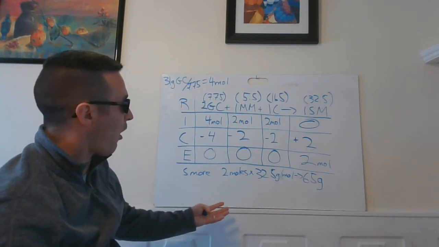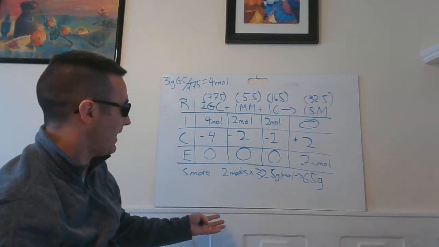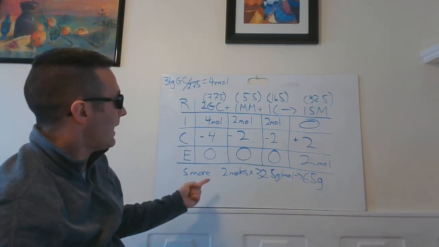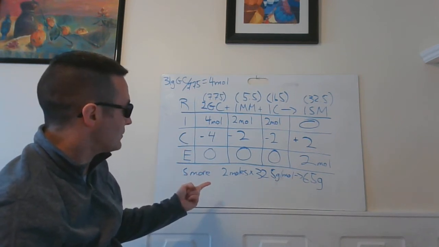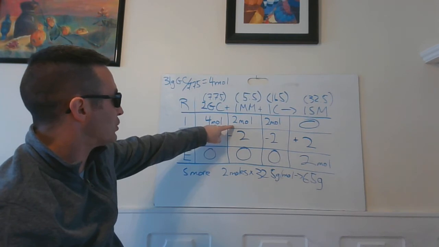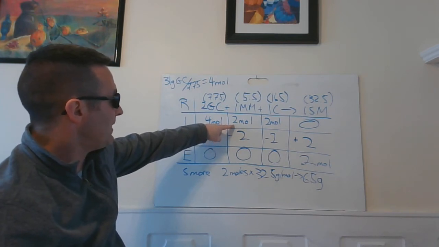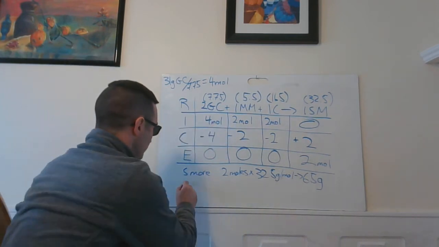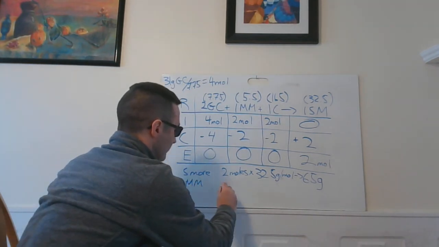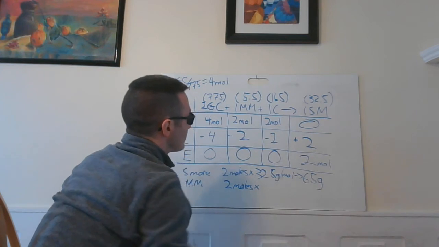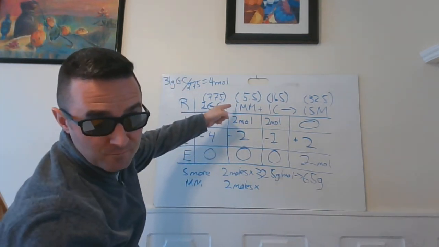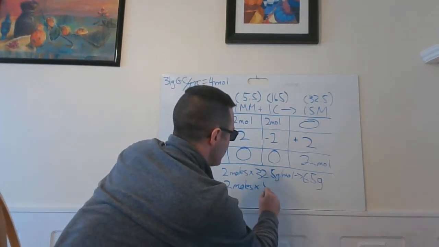We're just saving all of our really complicated math to the end. How much marshmallow are you going to need in grams? How much did you need initially? Well, you needed 2 moles of marshmallow. It has a mass of 5.5 grams per mole.